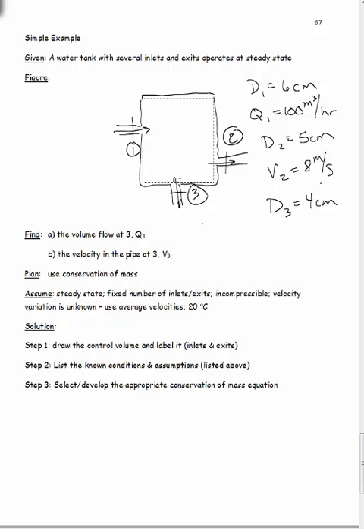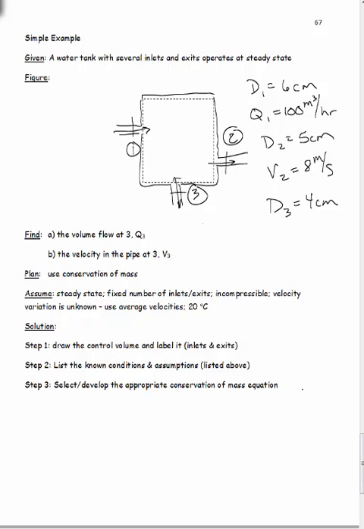We were just given a number. That means we're going to use average velocity. And we're not really given a temperature to find our properties, so we're just going to use 20 degrees C, which is what we normally use, either 20 degrees C or 68 degrees Fahrenheit.